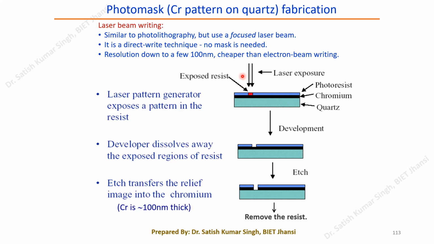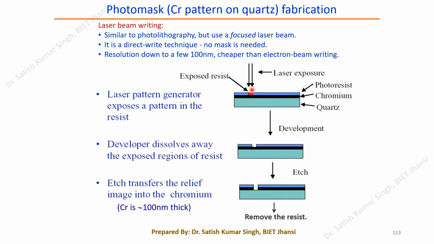In the wafer exposure system, we have a large number of beams from the laser source going through the photo mask, penetrating through the regions which are transparent to the laser beams, and then exposing the photoresist layer. But here that is not done.